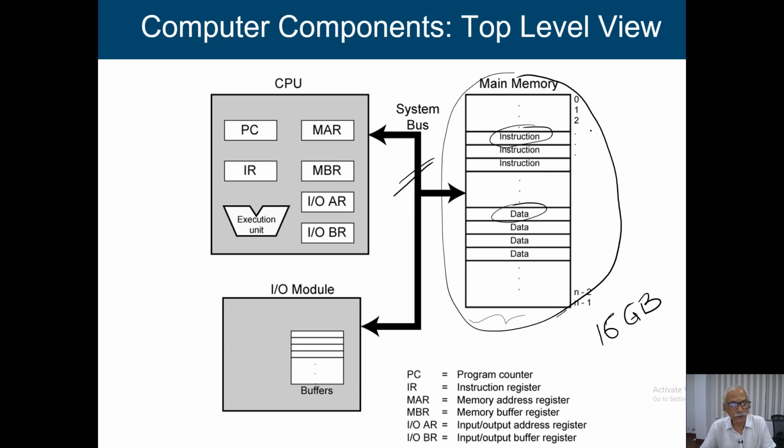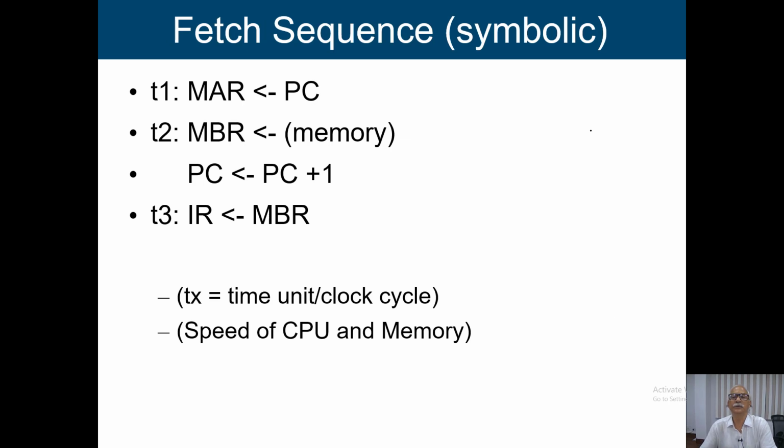So how are we going to have this operation? I am going to give some information. This is a fetch sequence. I think I have already mentioned it, because when I am going to fetch an instruction, where from am I going to get the address of that instruction? This remains in the program counter. In the program counter, we have the address of the memory location from where we are going to fetch the instruction.